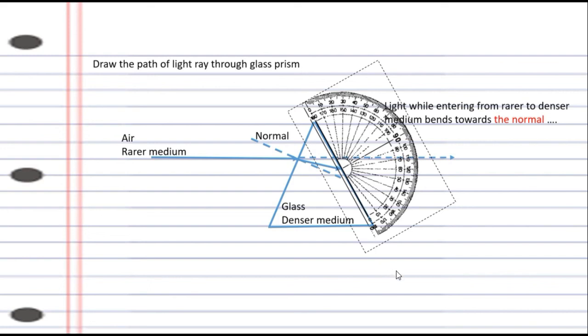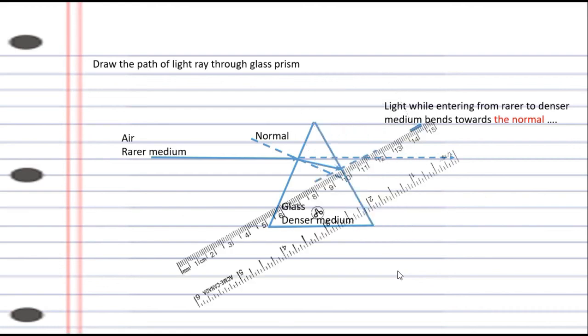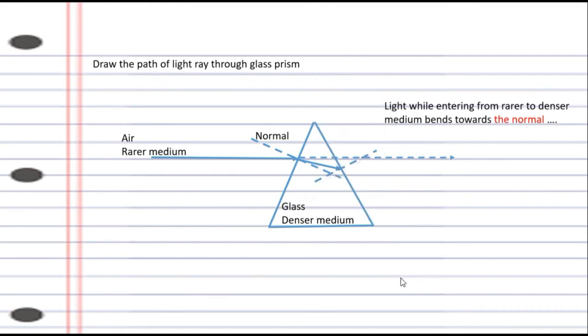And since we are drawing a normal, and normal is nothing but a perpendicular drawn on the plane of the prism, so we have to fix 90 degree, then take a scale and draw the normal, right? So our normal is this now, okay? Now, this is the ray which has come inside and incidented on this particular plane.